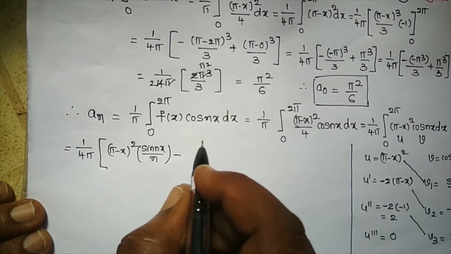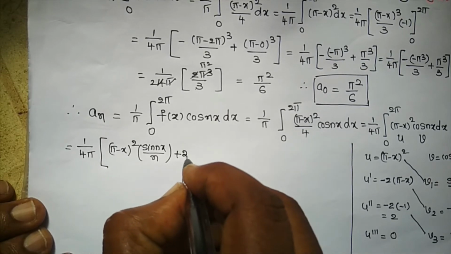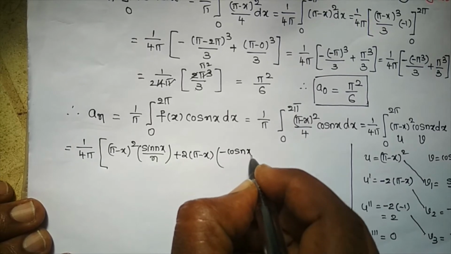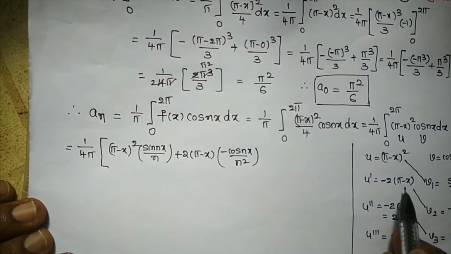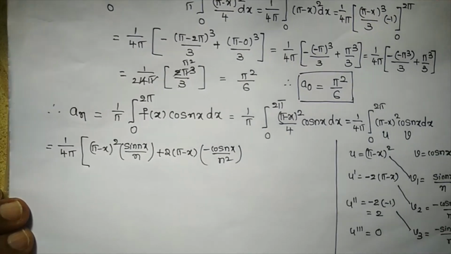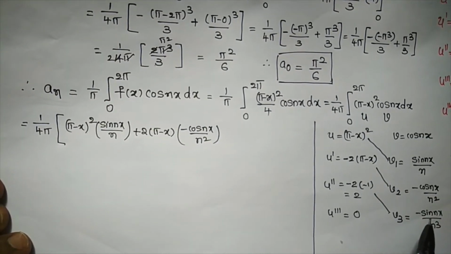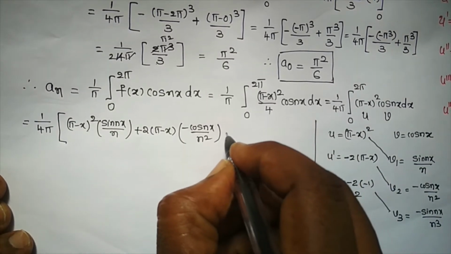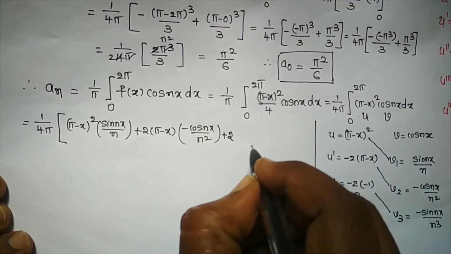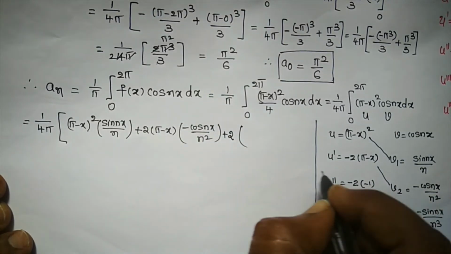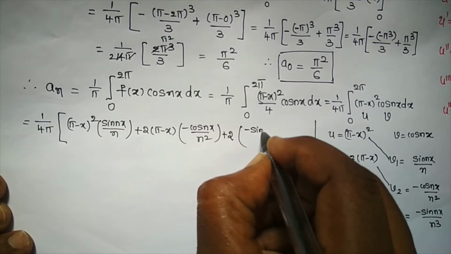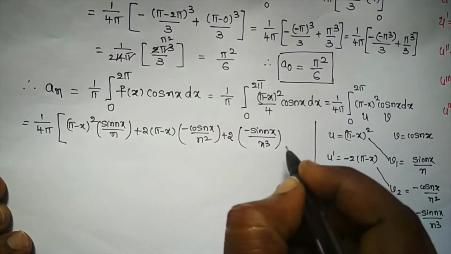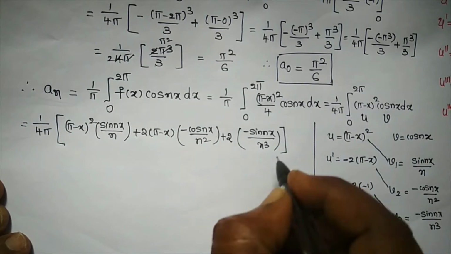So that is minus into minus plus 2 into pi minus x into minus cos nx by n square, plus u double dash into v3, that is plus 2 into minus sin nx by n cube, from 0 to 2 pi.